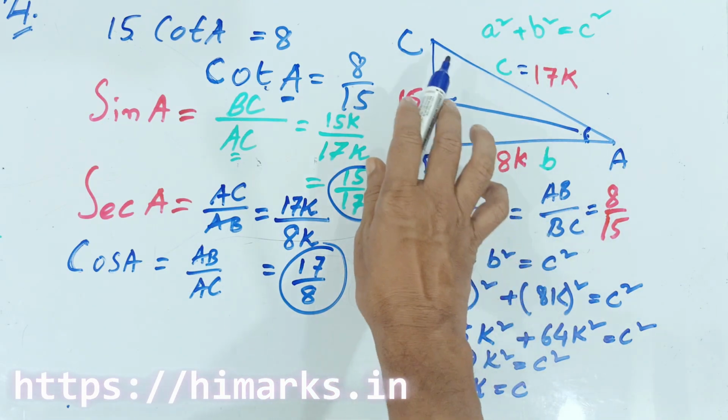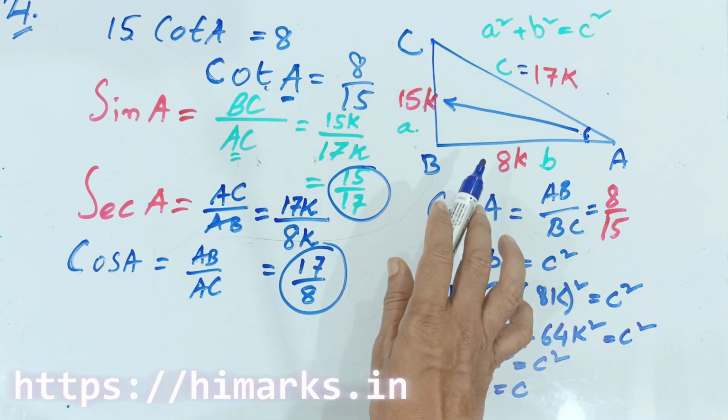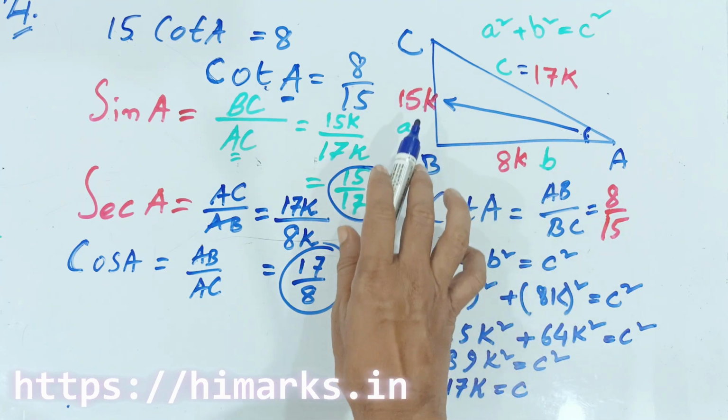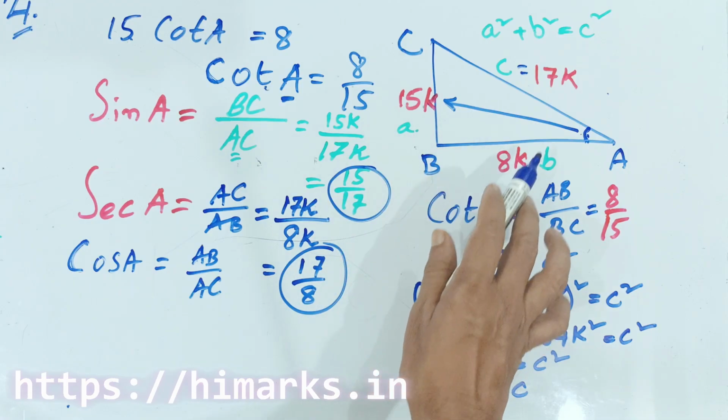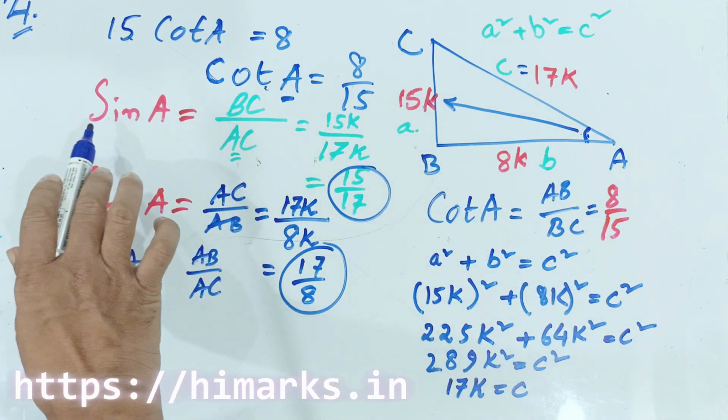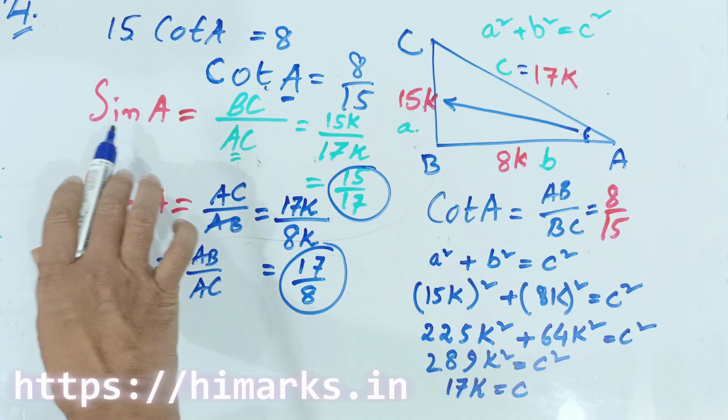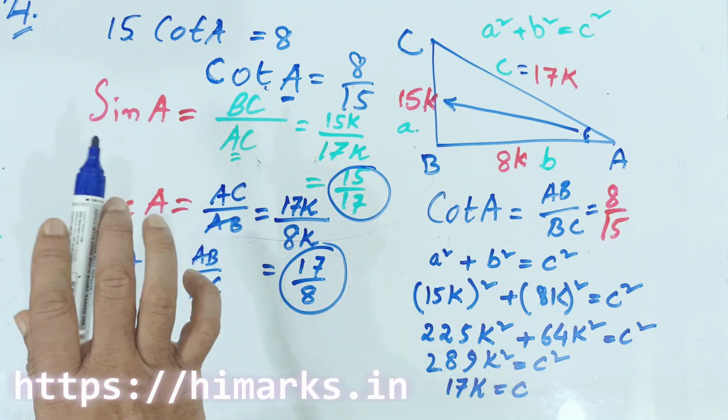Once you have used the Pythagoras formula and got the height, base and hypotenuse, you can construct any of the ratios, sin A, cos A, all these are ratios.